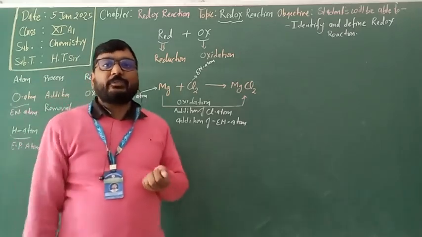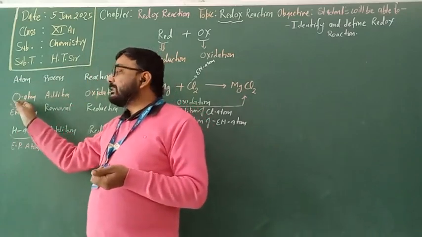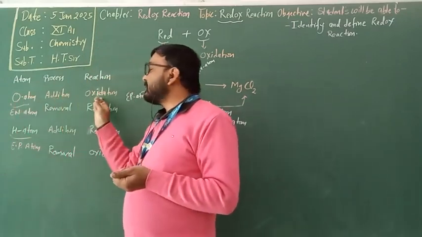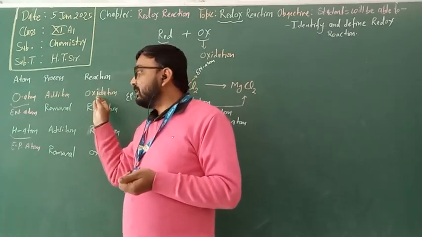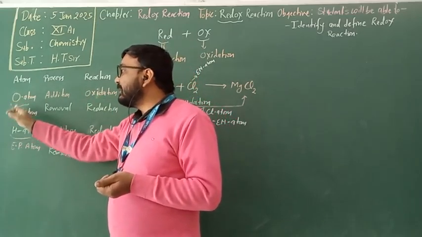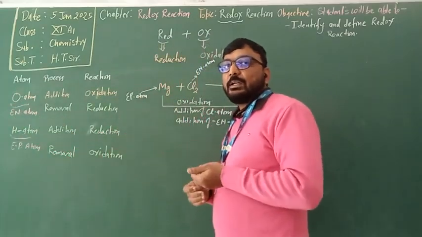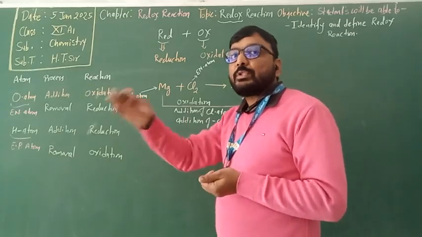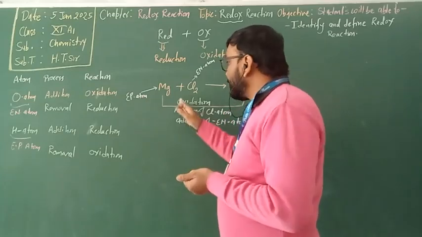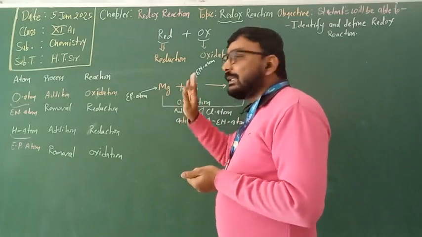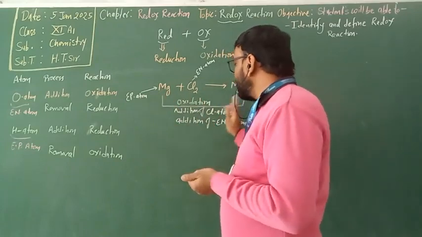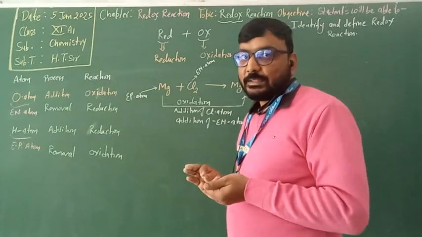Since earlier we defined that where oxygen gets added, that process is known as oxidation, and oxygen is an electronegative atom, we can extend these definitions for all those electronegative atoms which get added to any other atoms, and that process is known as oxidation.